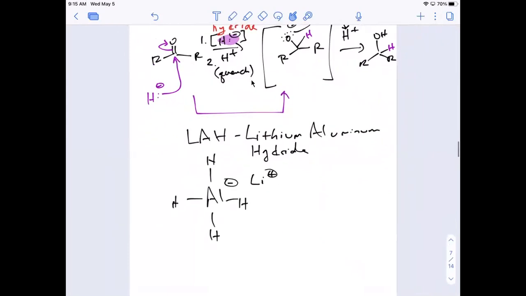Other reducing agents: sodium borohydride, NaBH4.